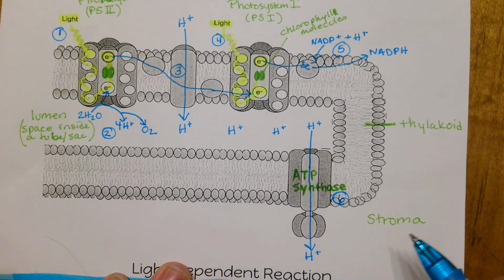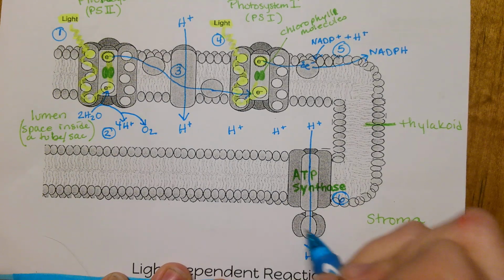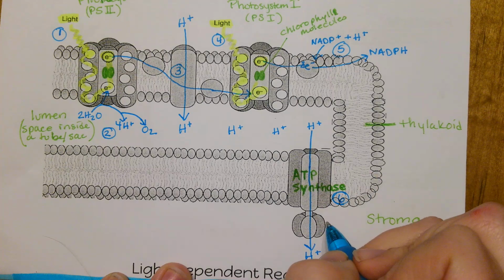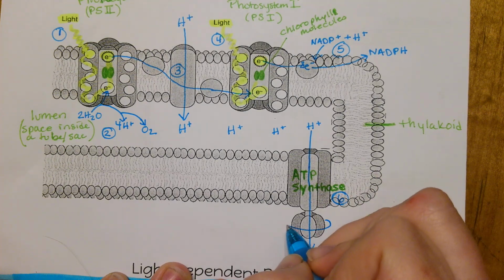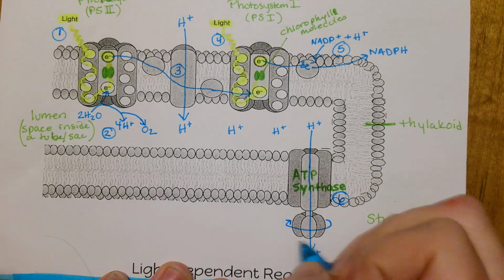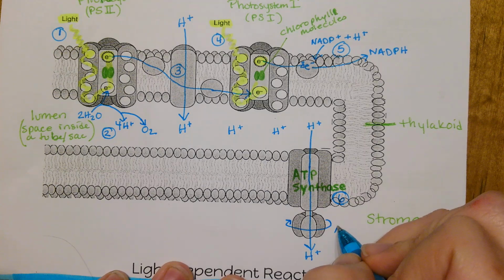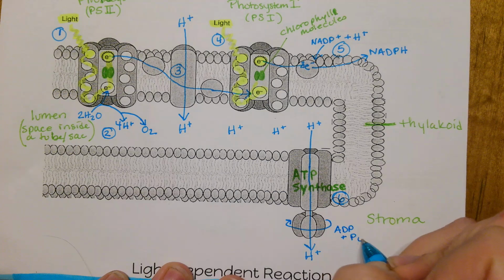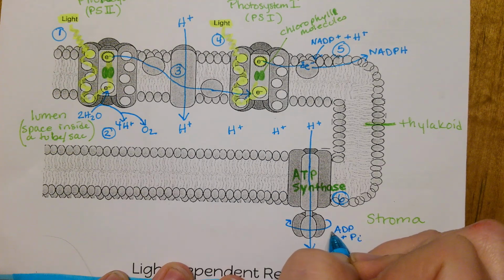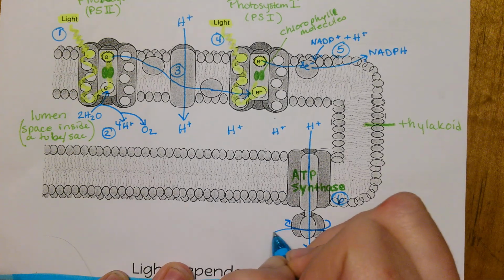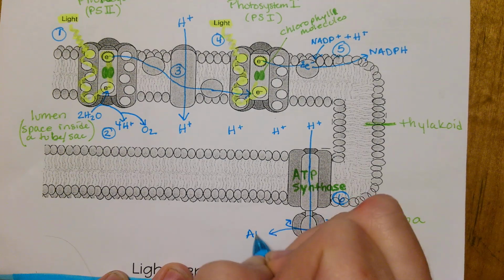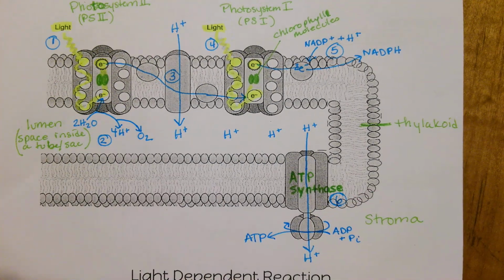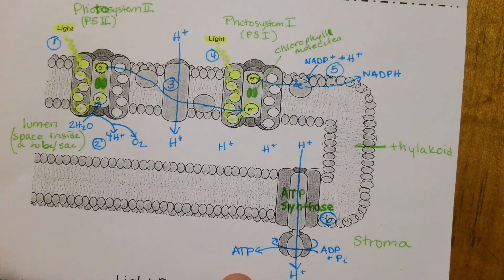When it does that, that is going to cause this part down here to be able to rotate. And as it rotates, ADP plus a free phosphate ion are going to be joined together to form ATP.